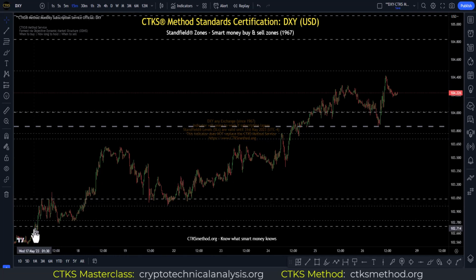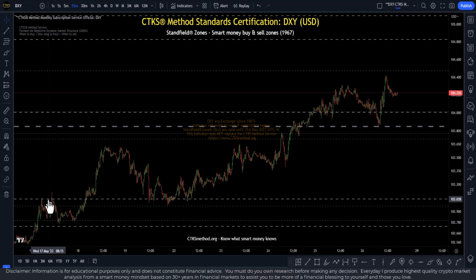The DXY originally broke through a smart money sell area, but it was stopped out by that next smart money sell area. We saw it coming up, trying to target these ones, but it didn't have the strength. And this is often what happens. If you see negative air gaps, price is on the way down to the next smart money buy area, especially the solid ones.